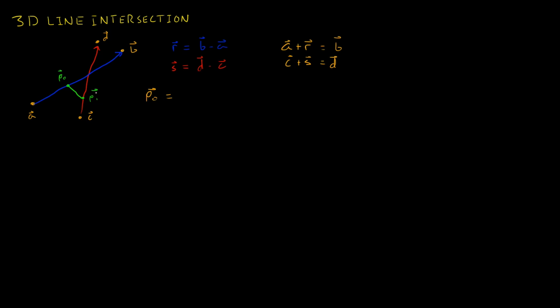Now we know that if the scalar value is between 0 and 1, then the actual value that we are getting is actually on these line segments.